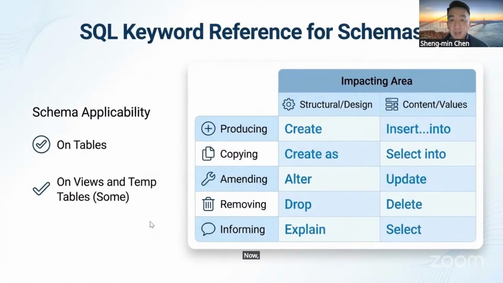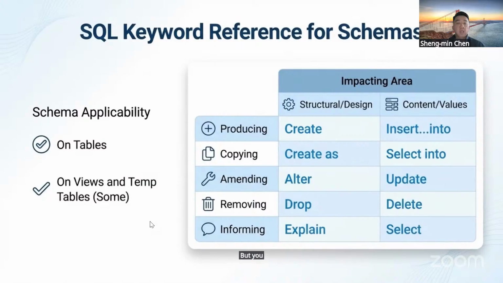Now, the second row is when you're trying to copy a table just with its structure, just with its design, you use create as. Okay? That way you get a copycat with no values in there.